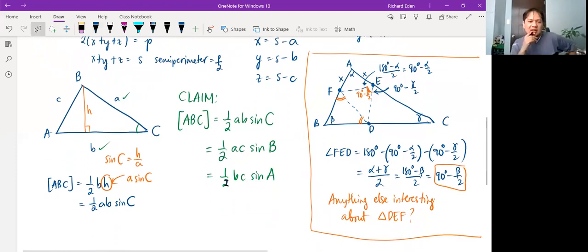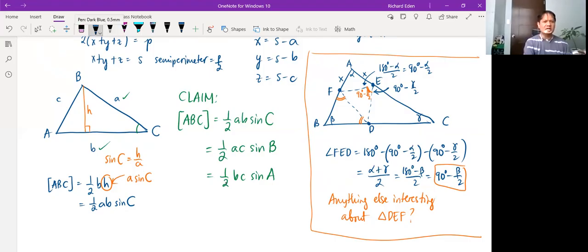All right. And lest you wonder, maybe this argument works only if the triangle is acute. The thing with an acute triangle is that all altitudes are going to be inside the triangle. If you have an obtuse triangle, some altitudes are going to be outside the triangle, but even if that were to happen, we're still going to be okay.